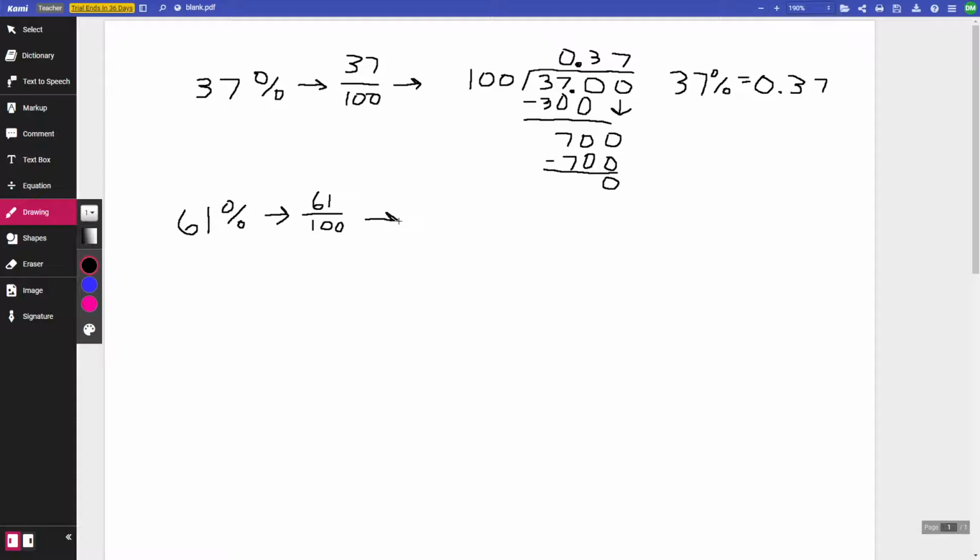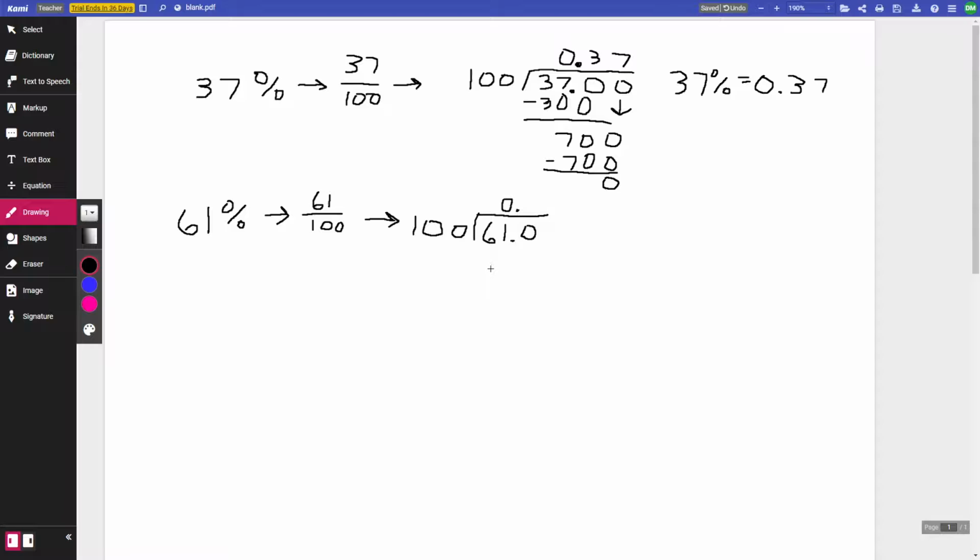And from this fraction, we are going to do a little bit of long division. So we want to see how many times 100 divides into 61. And the answer is 0 times, so we're going to add a decimal point, and we're going to go from here.